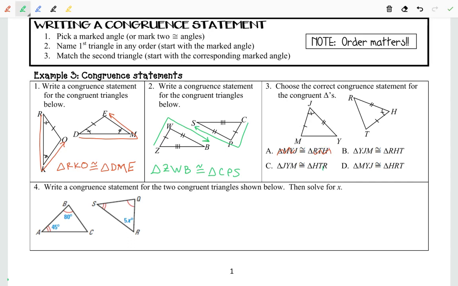Okay, for this choice down here, we would have JYM. So that's going down the 2 tick mark side, up the blank side. So down the 2 side, up the blank side would be HRT, which is not what we have. So that's not correct either.